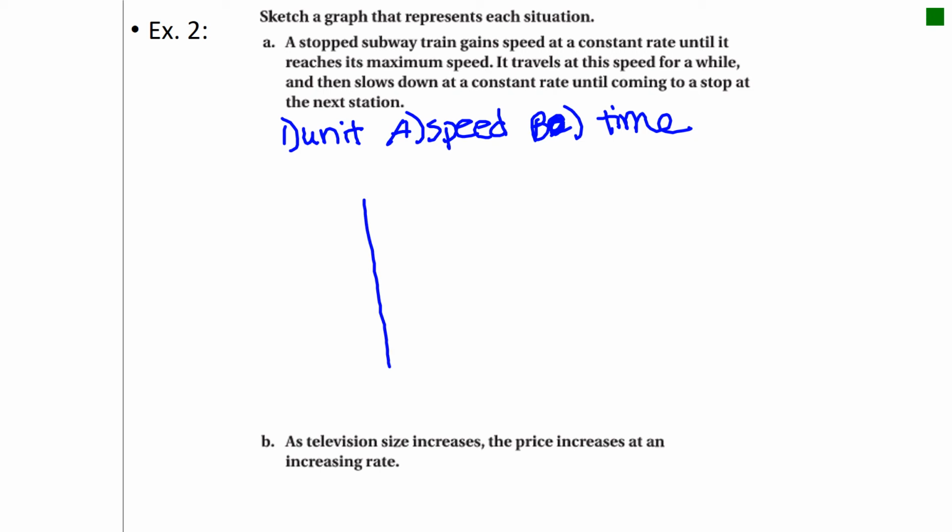Let's go ahead and make our graph. Speed will go on the y-axis because, rule of thumb, time will go on whether speed does or not. So time must be independent. Okay, the train gains speed at a consistent rate, so it's a line, until it reaches a maximum speed.